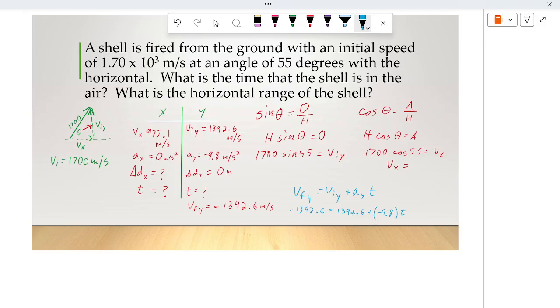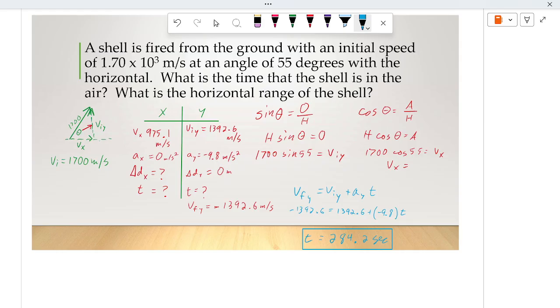All right, I'll swing that across, and then I'll divide by 9.8, and I'll get that t is actually equal to 284.2 seconds. So t is equal to 284.2 seconds.